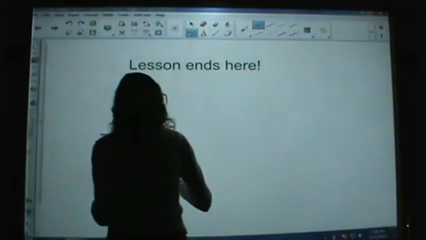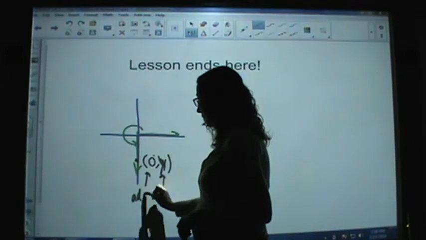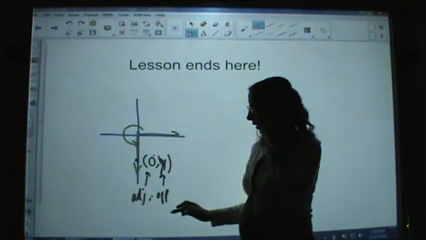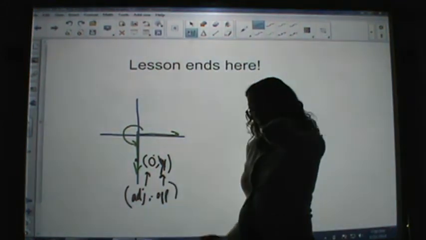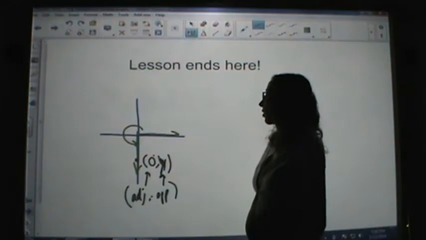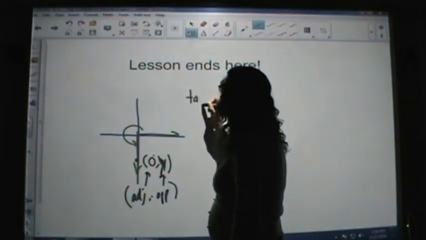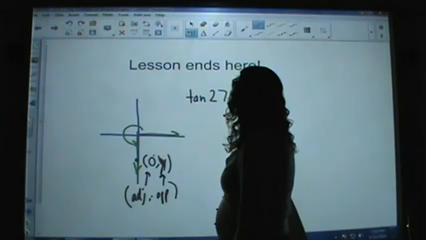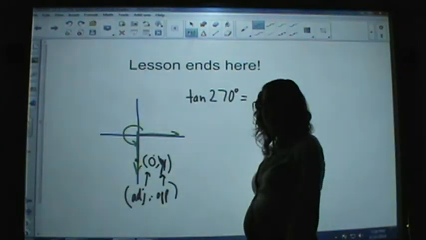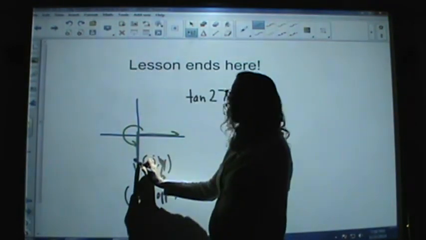So opposite and adjacent are embedded in here. It's adjacent, opposite, because the order is alphabetical. It just works when you're drawing an actual triangle, and it extends to when you can't draw a physical triangle. So if we were asked to find, let's say, the tangent of 270 degrees in particular, we can just make up some random point that's over here.